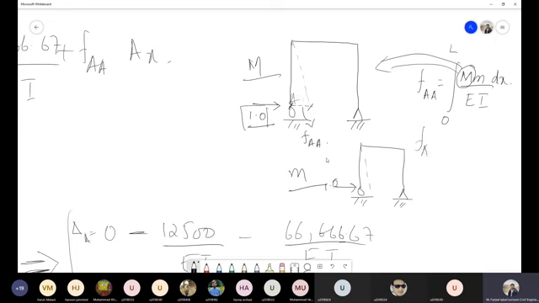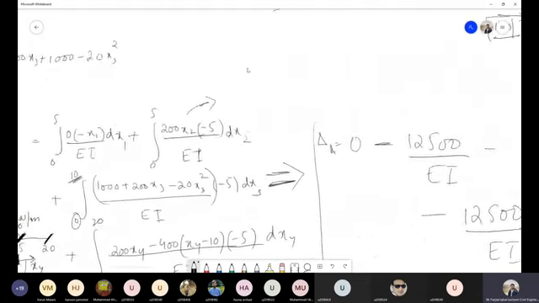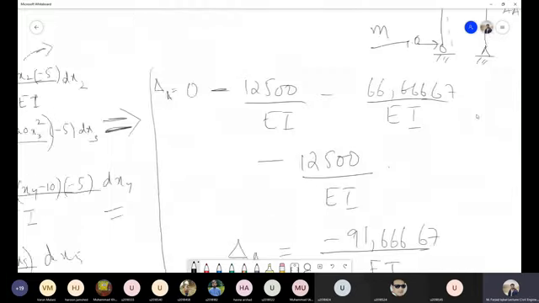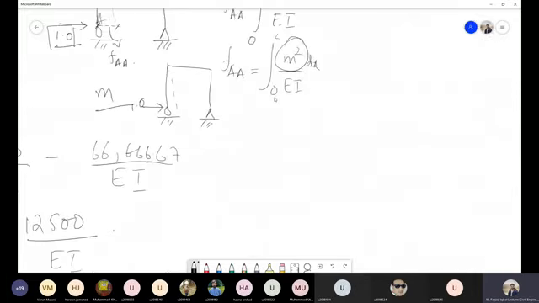So can I say that FAA is integral 0 to L of m squared over EI dx. Now we already have the equation of small m for this frame. We wrote it over here. These are the equations for small m for this particular frame. We just need to take the square of these equations, and we will get this factor FAA. So is there any confusion about this one?